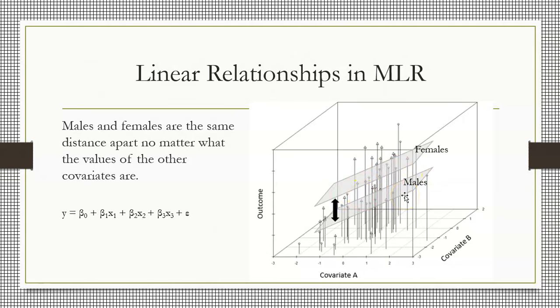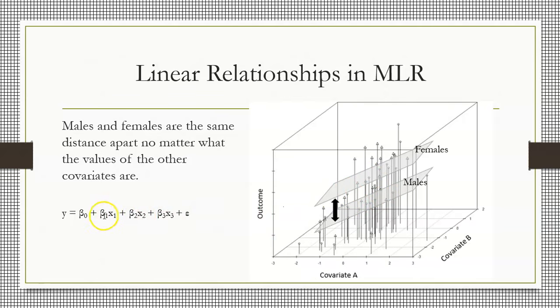So that's another way we might think about or see linear relationships happening if we have no interactions. So what we find again is the difference between the male and female y over here, maybe that's success in college, okay, that y over here does not depend on what x1 and x2 are.